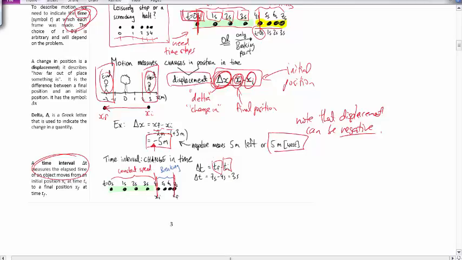So when we have a time interval, that's called a change in time. It's called delta t. So if we want just delta t, final 7 seconds minus 4 seconds will give us a time interval of 3 seconds. That's pretty straightforward. But time interval is always positive. And this is because t final is always greater than t initial.